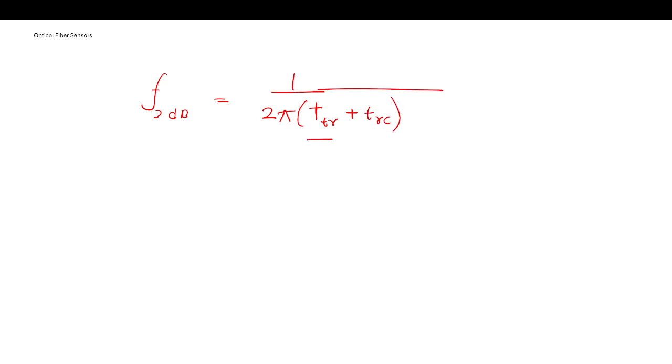So first thing is the travel time, that both electrons and holes are traveling.